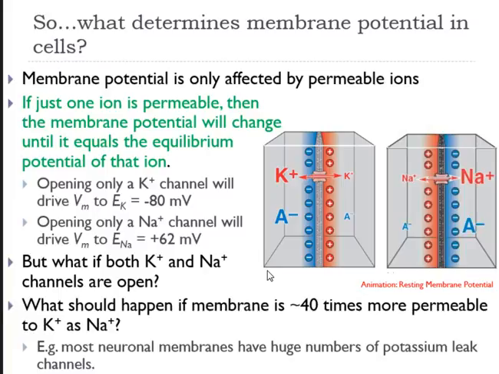If, on the other hand, you just follow along with that logic, if you get to a situation where the membrane is mostly just permeable to potassium, that would drive the membrane such that it would get really close to potassium's equilibrium potential. But if sodium at least had some minor amount of permeability, so this last bit is saying maybe potassium is 40 times as permeable as sodium.